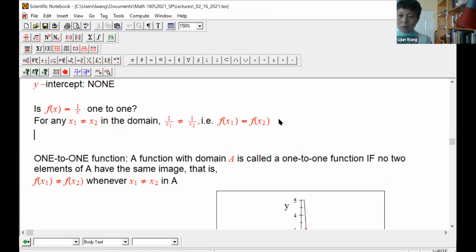Are you guys with me? That's what you need to learn. Sometimes you say, oh, I understand, but I don't know how to write it down. And these are the examples of how to write it down. For any, you can also replace it by whenever.